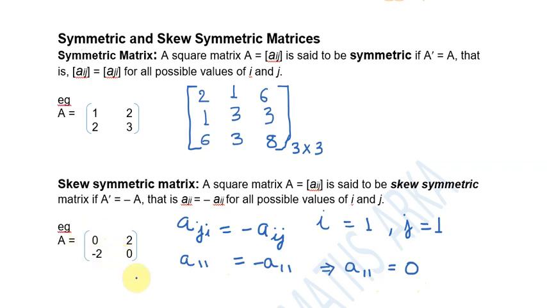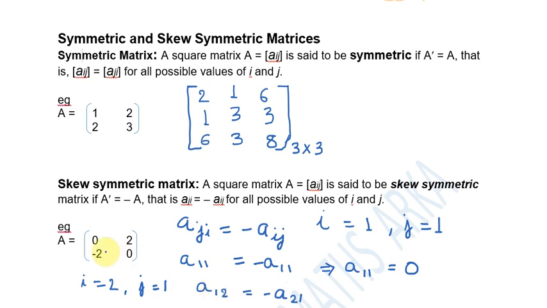If we have some other numbers, let's take i is equal to 2 and j is equal to 1. Let's see for that. Then a_ji, that is a12, is equal to minus of a21.